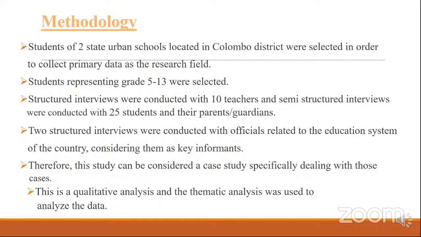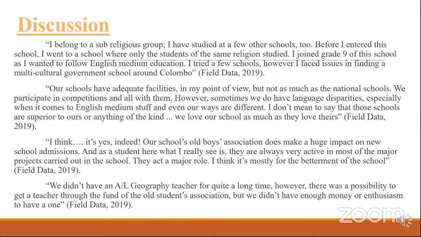Moving to the results and discussion. Here I have mentioned a few codes of primary data which I have gathered through data collection. A social institution is a behavioral system that interconnects and functions across the whole society.